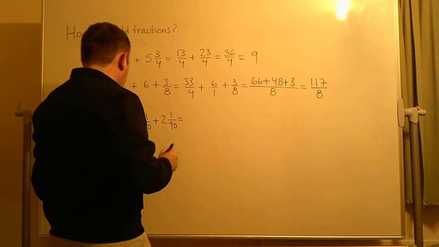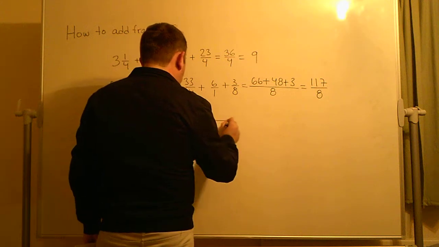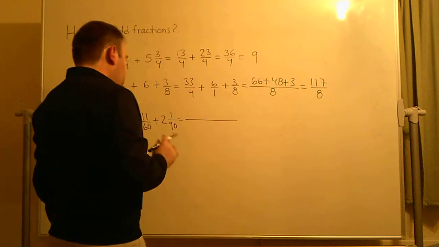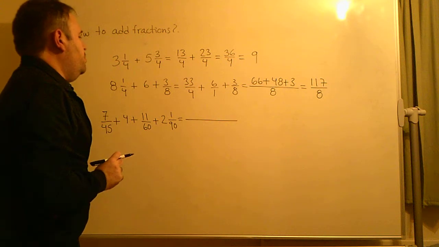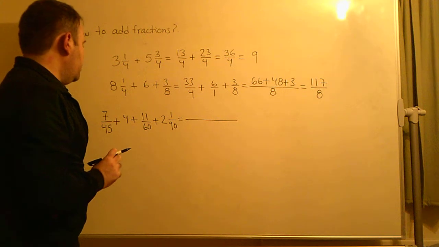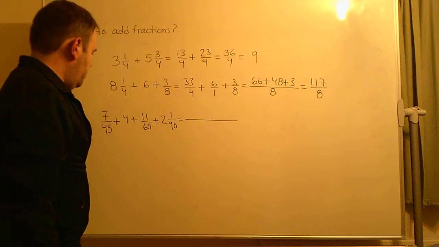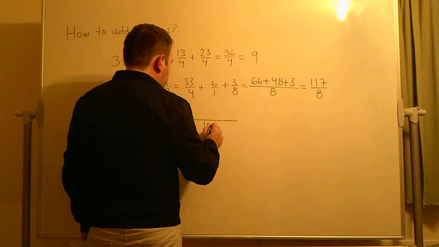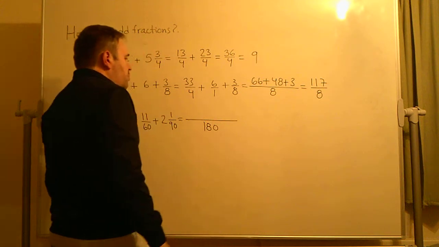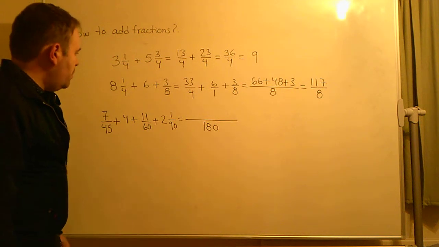So in this case, the least common multiple would be 180. You can check this at home, but it will be 180.